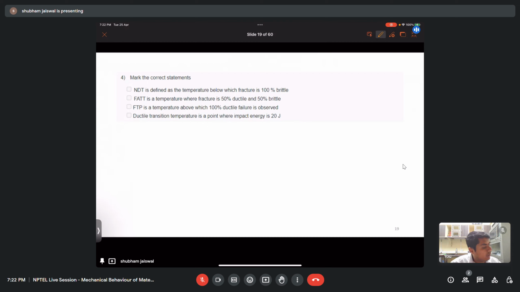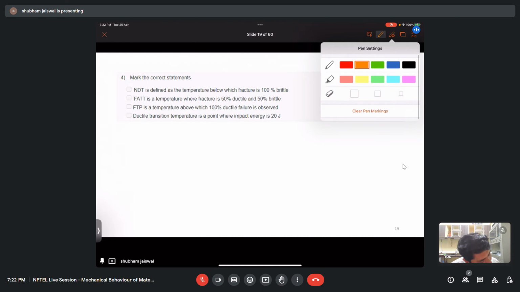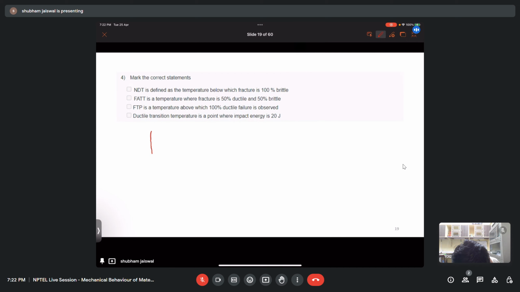So for your understanding, I will draw the figure, and from that figure also you can easily answer. This is temperature, this is percentage cleavage fracture.